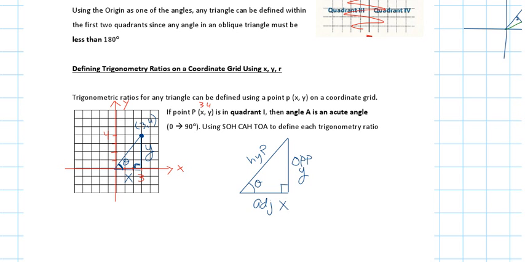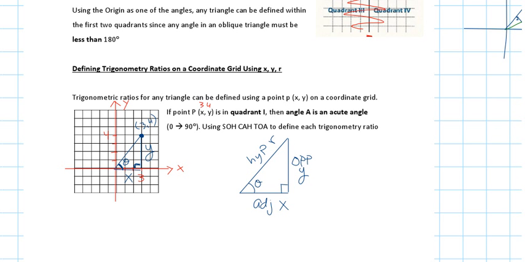Okay, we're going to call the hypotenuse R because, as I said, if I use the origin here, I can draw a circle with this radius. So that's why we call it R. The first thing that I can do here is write the values here.